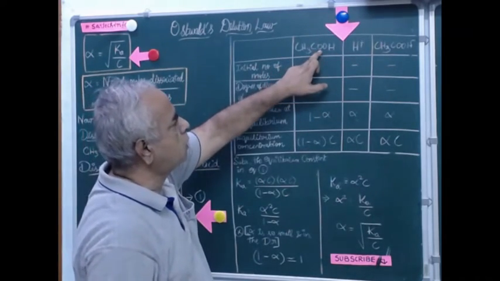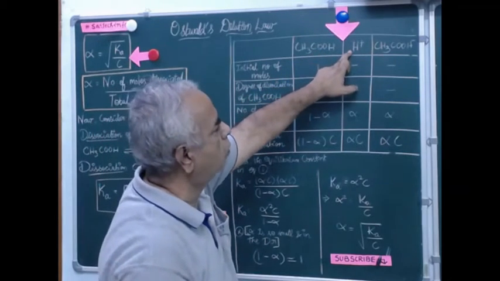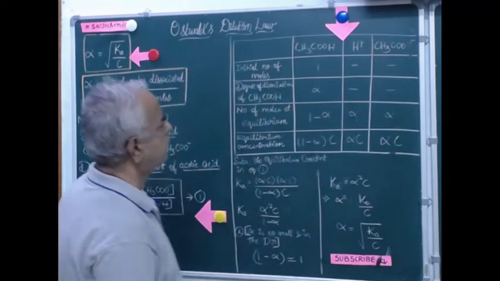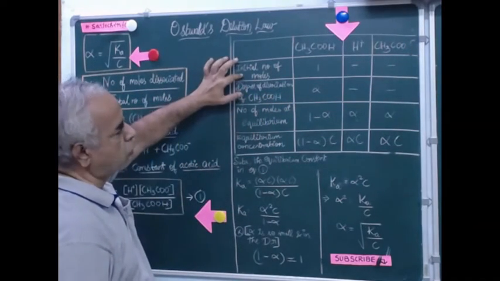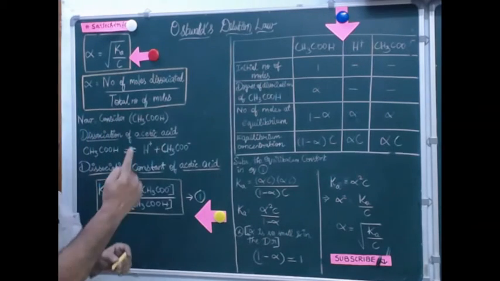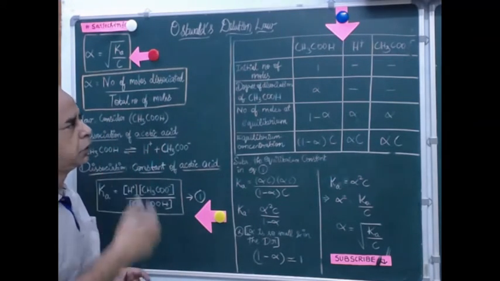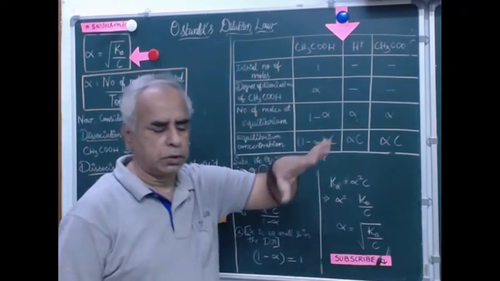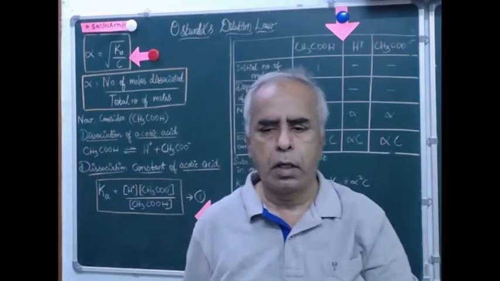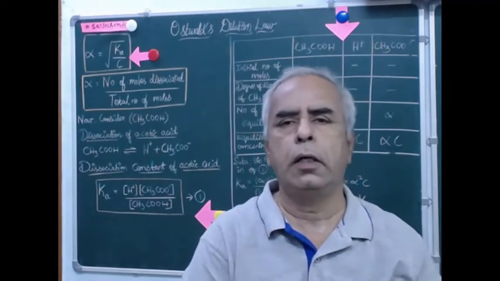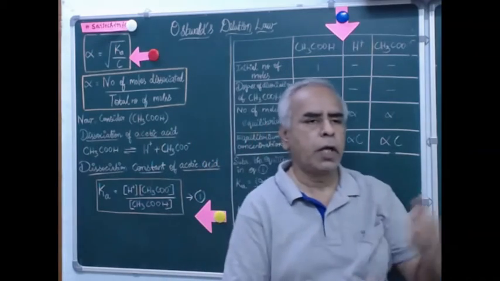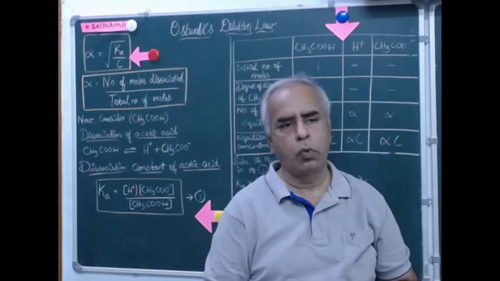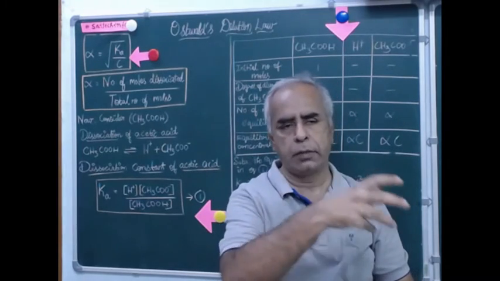Now let us come here. See, CH3COOH is the reactant, H plus is a product, and CH3COO minus is another product. The initial number of moles, let us start with 1, as a ratio, because the initial concentration will be more. When we compare thermodynamics and kinetics, thermodynamics worries about the completion of the reaction, to what extent the reaction has taken place.